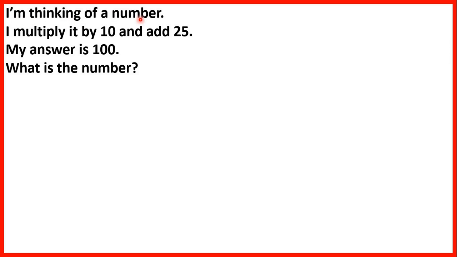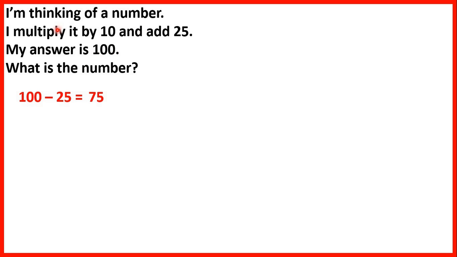I'm thinking of a number. I multiply it by 10 and add 25. My answer is 100. What is the number? So before they added 25, they would have had 100 minus 25, so 75. Because if you have 75 and add 25, that gives you 100.